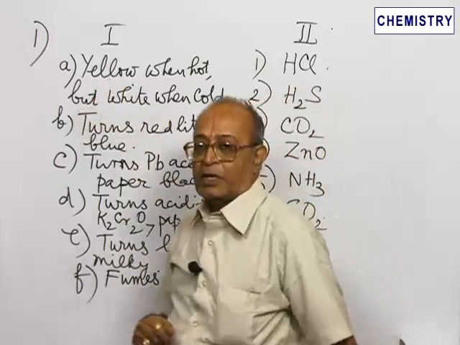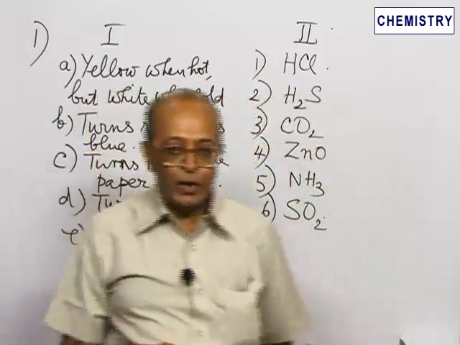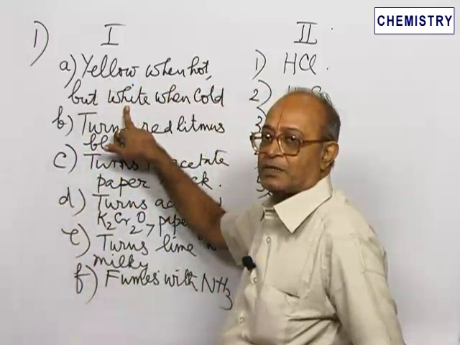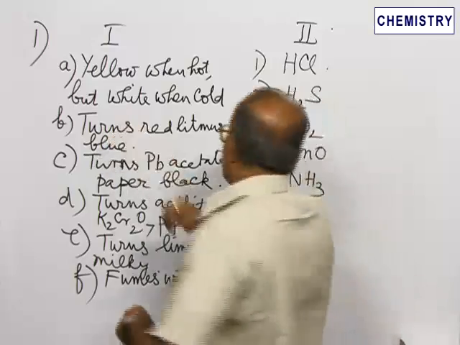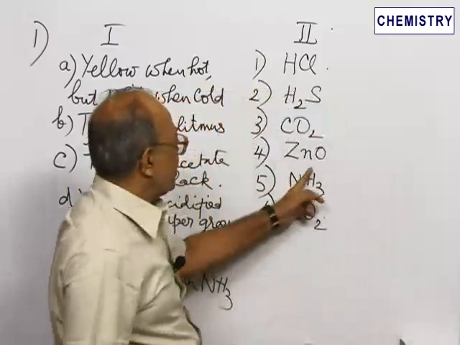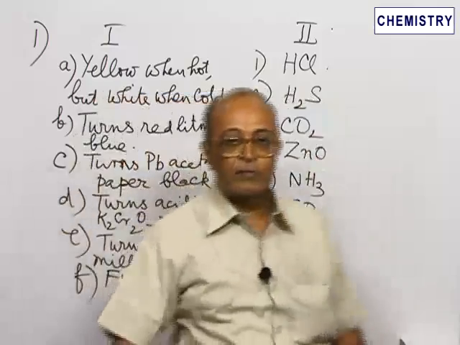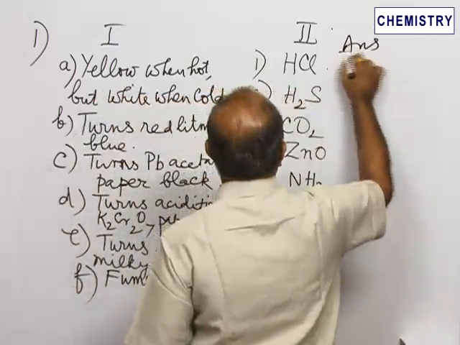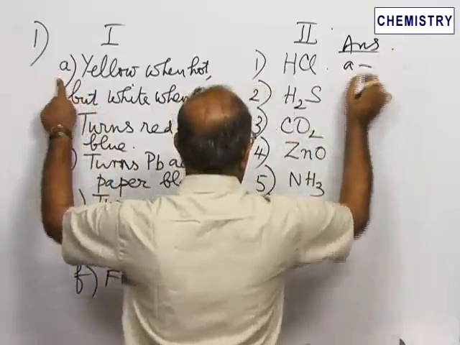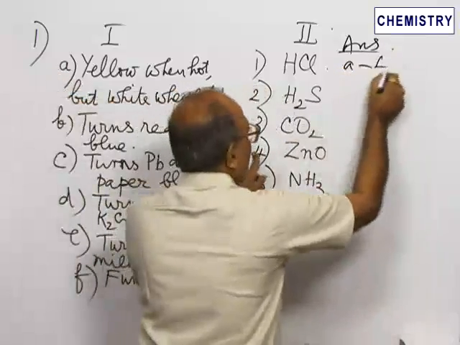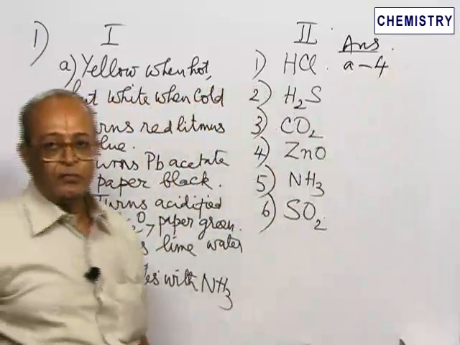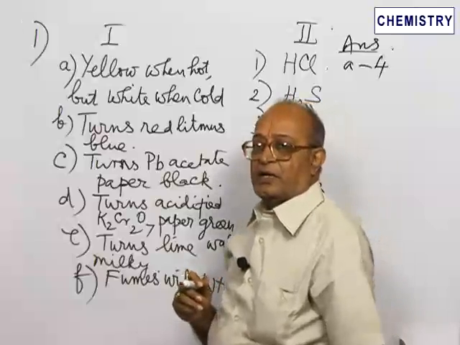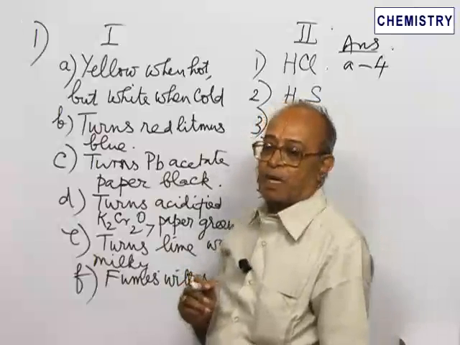On heating, these salts turn yellow, but on cooling they become colorless, white. Now, column 2 you can notice corresponding to this 4. So, for A, here I mentioned the answer. For A, it is 4 zinc salts. Do you follow?